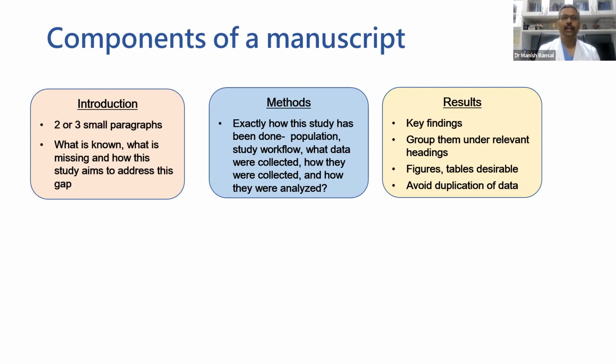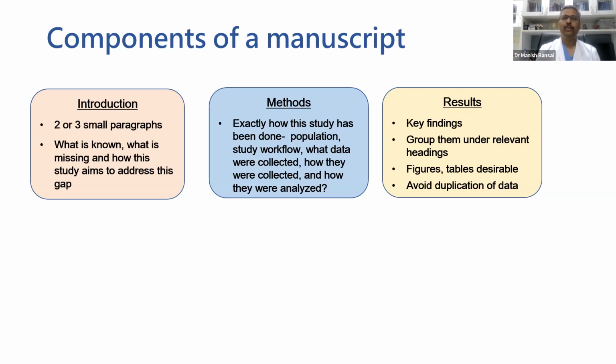So that kind of complexity should be avoided. We should just describe key results and then group them under relevant headings. So we can describe baseline characteristics, then overall findings, then key group related findings, and likewise.